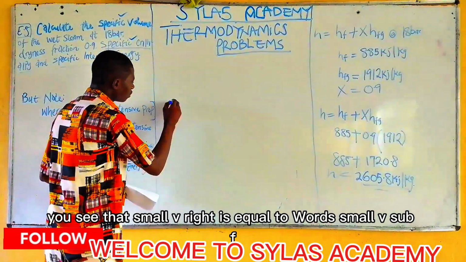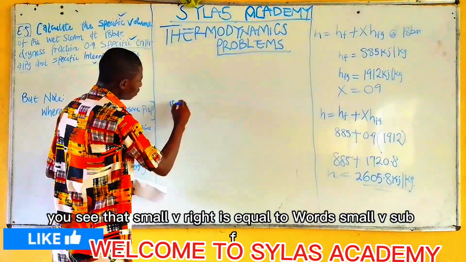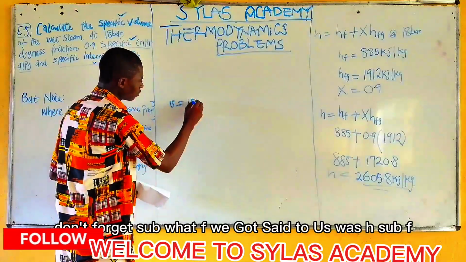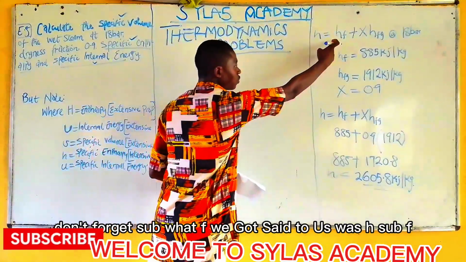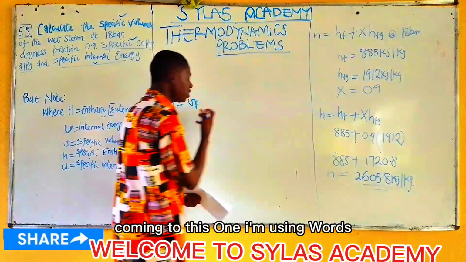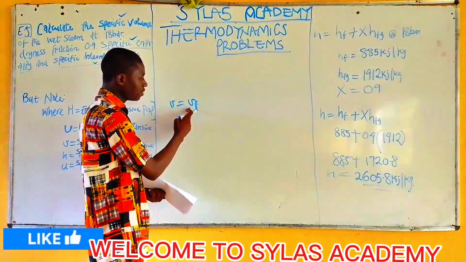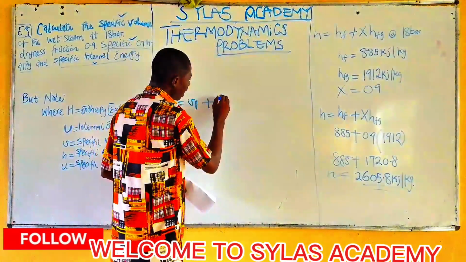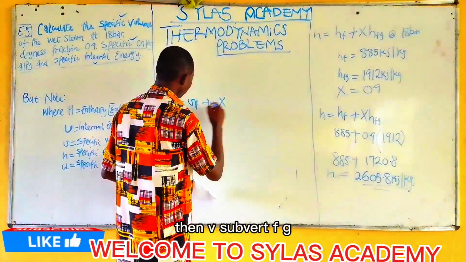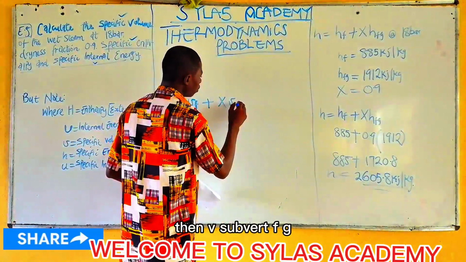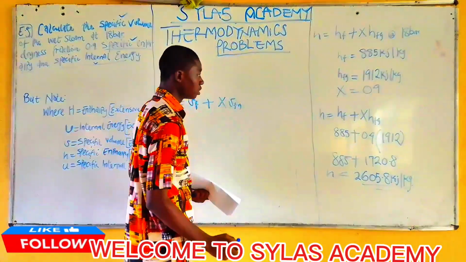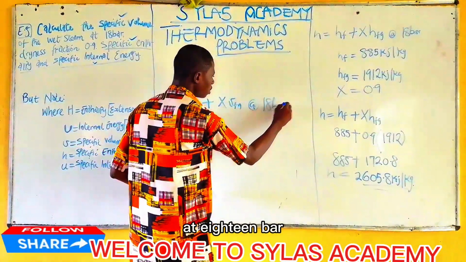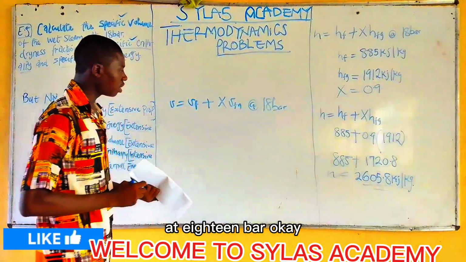You see that small v is equal to small v sub f. Don't forget. Coming to this one, I'm using v sub f plus x, then v sub fg at 18 bar.